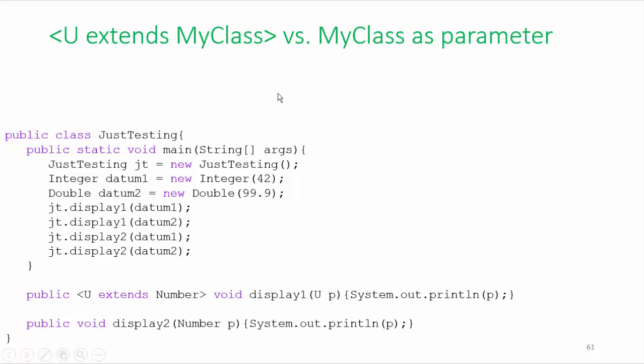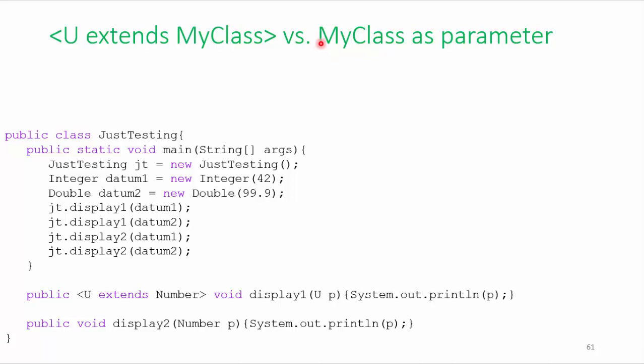So, more specifically, we are going to look at a situation where we are considering using a parameter in a method that is of type myClass, okay? And I'm going to assume that myClass here is a superclass in the inheritance hierarchy of our application.